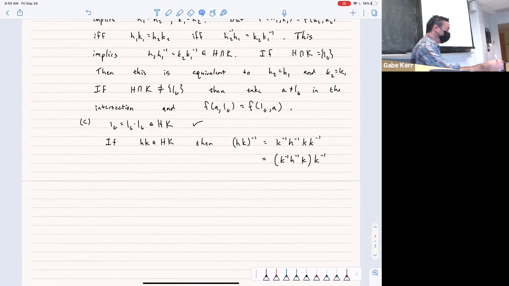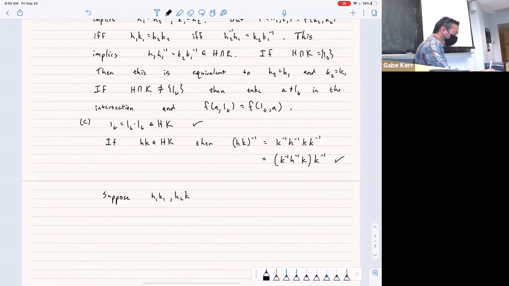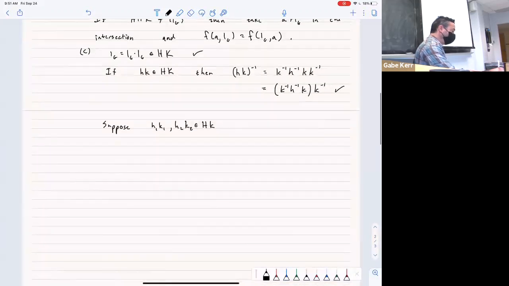Now we need the composition. And in composition, we do a similar trick. Now suppose H1K1 and H2K2 are elements of HK. Then we can do H1K1 H2K2. I want that to be an element of HK.